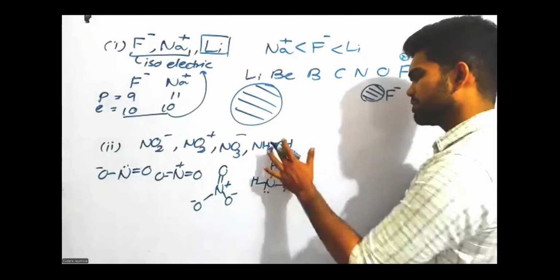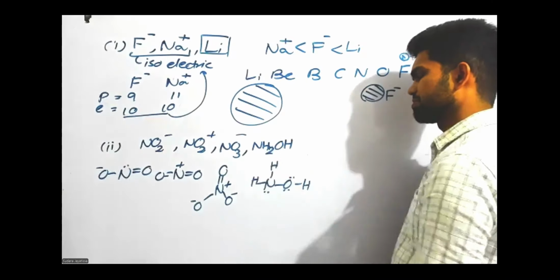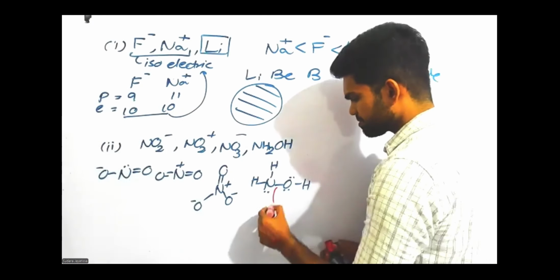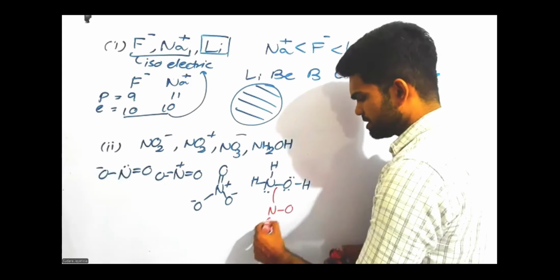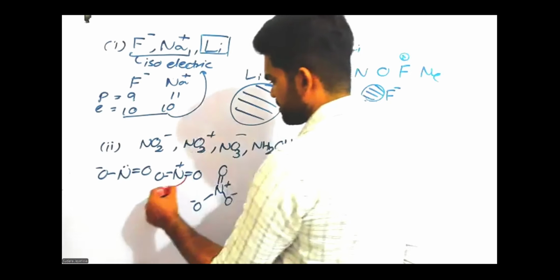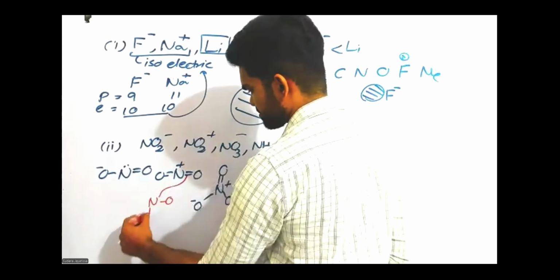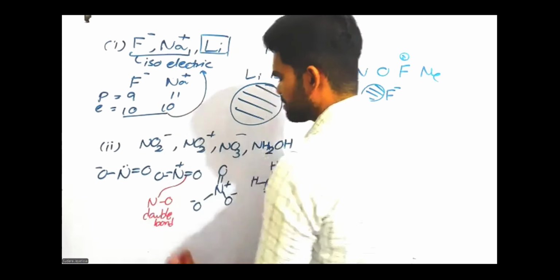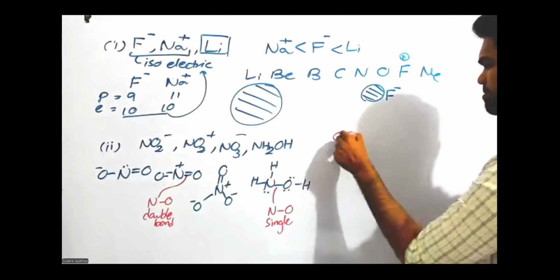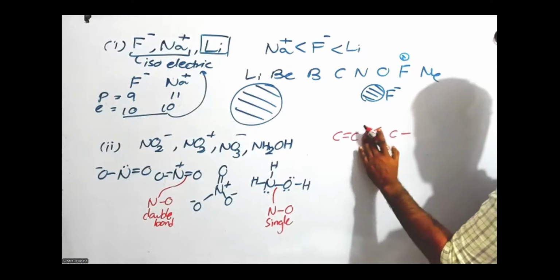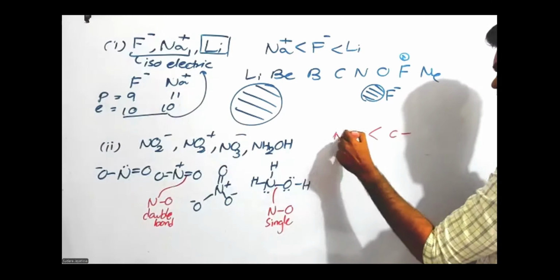Yeah, NH2OH. Now here you have an NO single bond. Here you have an NO double bond. Double bonds are shorter than single bonds.